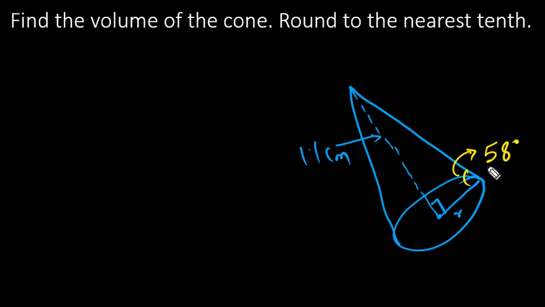Now how will you find the volume of the cone? In this case, first of all you need to find the radius. So how will you find the radius? You will use tan 58. Tan 58 in this case will be opposite over base, so 11 over r, right?